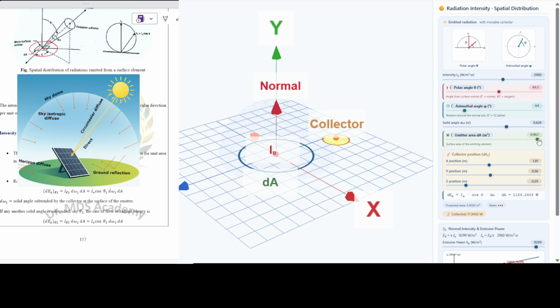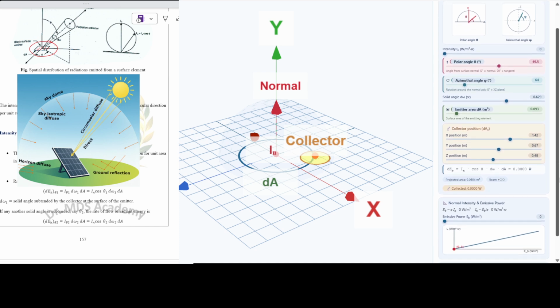Emissive power, position. I am changing the collector position. See how the values change and how much energy is being collected by the collector. Now the intensity: the beam is showing in off mode, which means no energy is being delivered by the emitter.